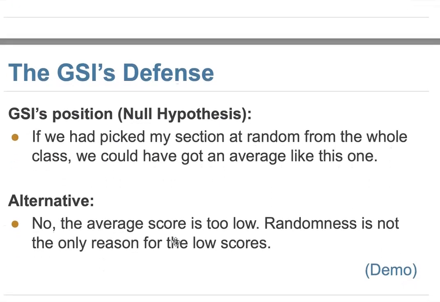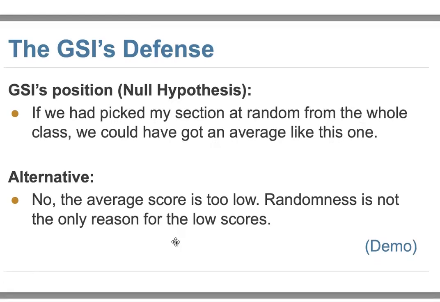Here is our hypothesis. The graduate student instructor's defense is what we call the null hypothesis: each section was picked at random from the whole class, so sometimes we could get an average like this one. Our model is that we pick randomly to group each section.